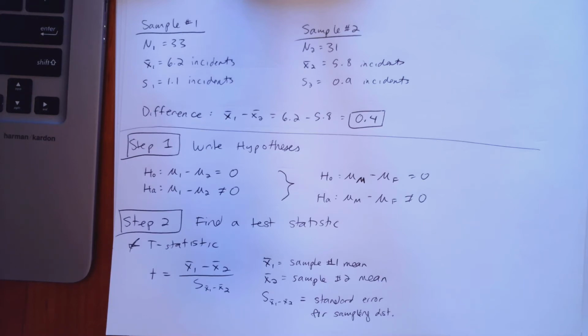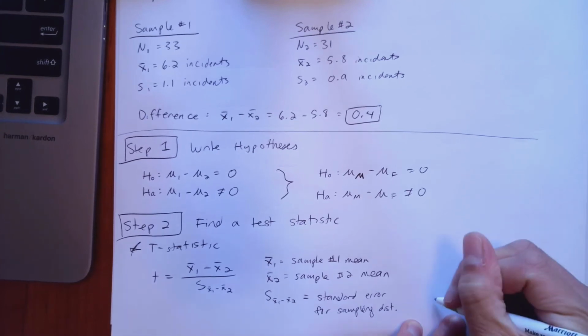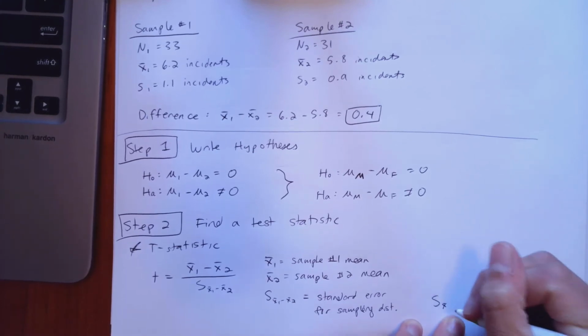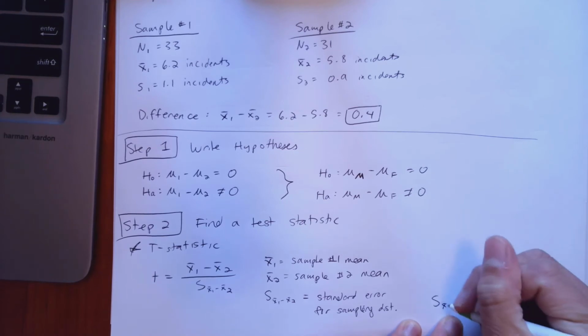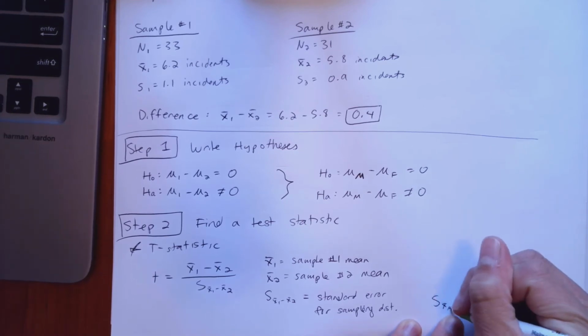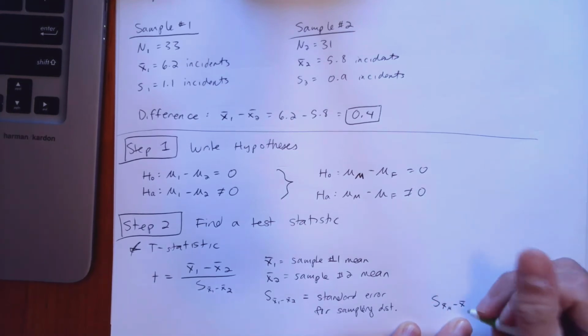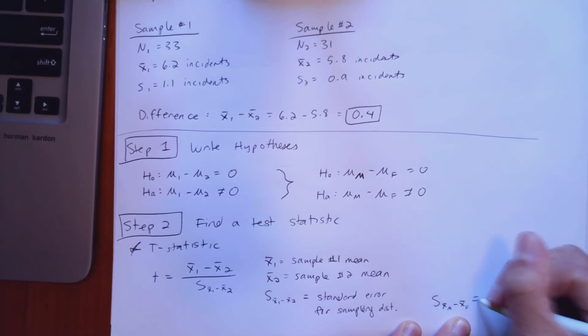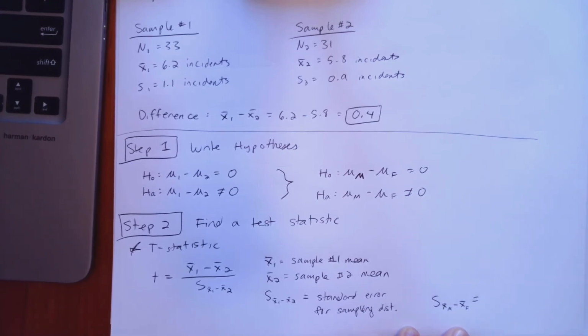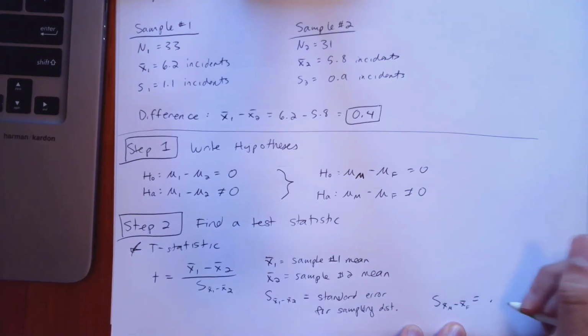So with any of these problems, I'll be giving it to you. In this particular case, the standard error for the sampling distribution, and here I'll just use M and F to denote what we're looking at, for the difference in means is going to be equal to 0.252. So when we start plugging things into this equation, that's what you'll be able to plug in.